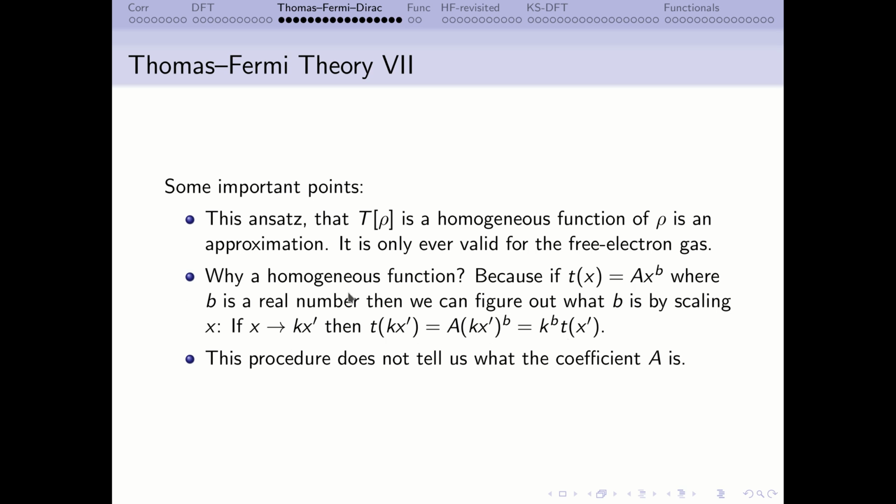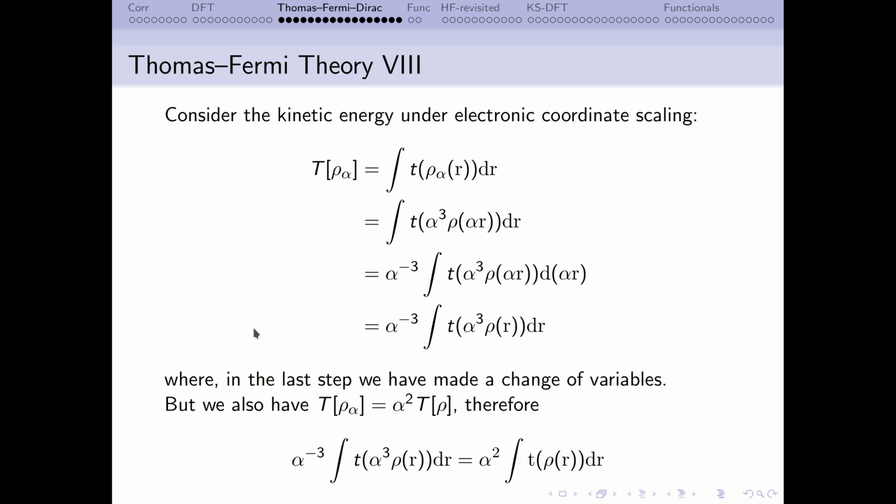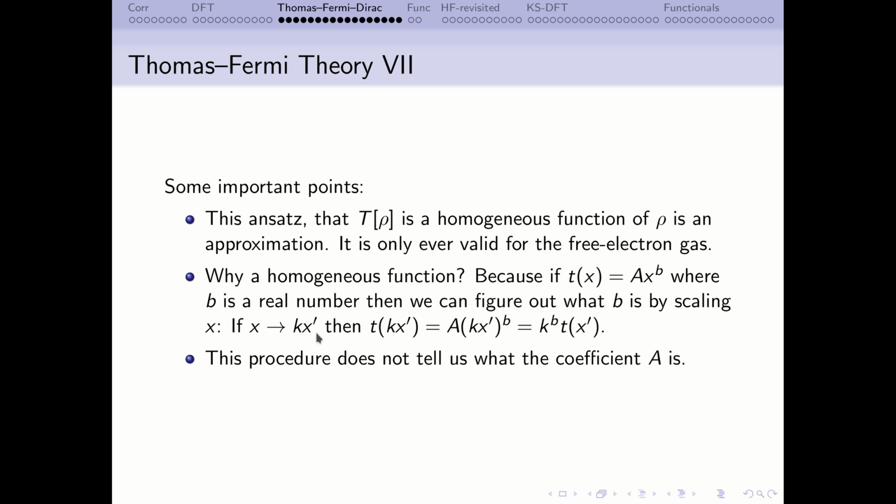Let's just have a look at it since we are here. t is of the form t of x equals a times x to the b, where b is a real number. Because it is assumed to be a homogeneous function, we can find b by scaling x. So if we set x equal to k times x prime, then we will have t of k x prime equal to a times k x prime to the power of b.